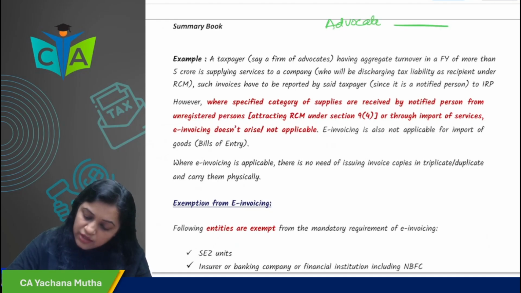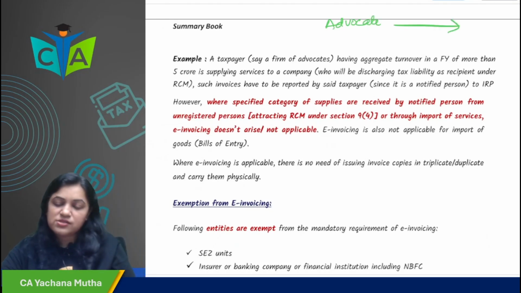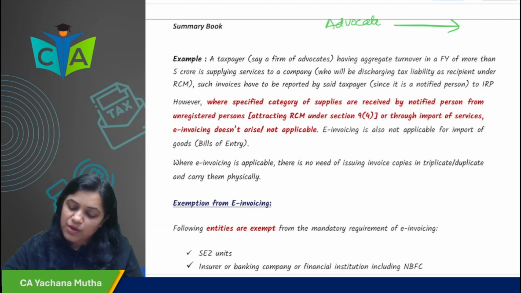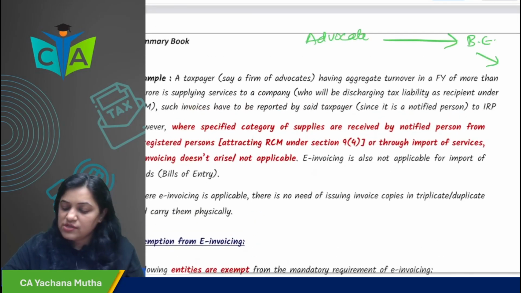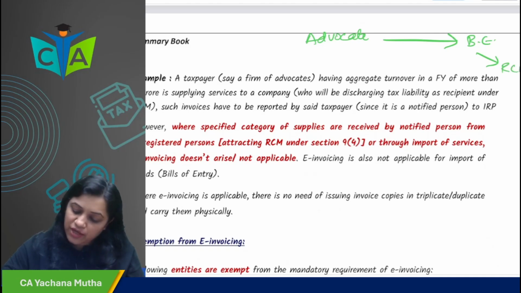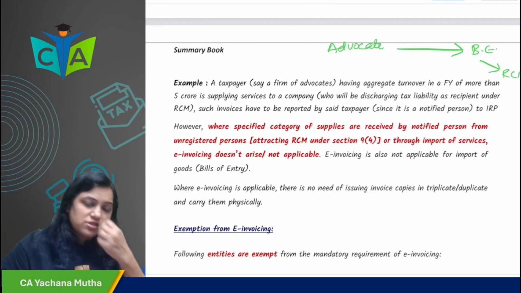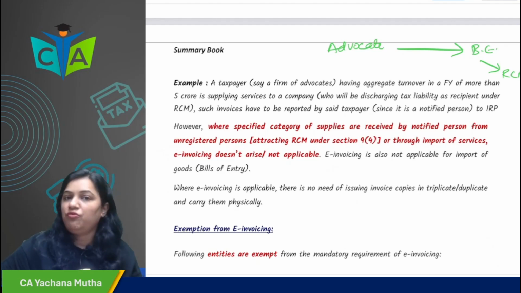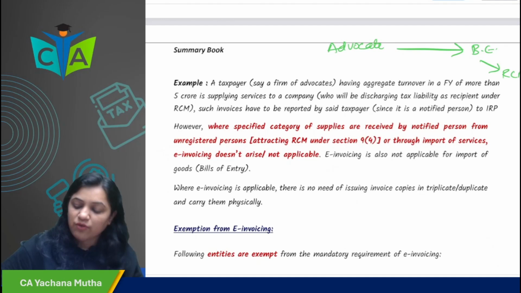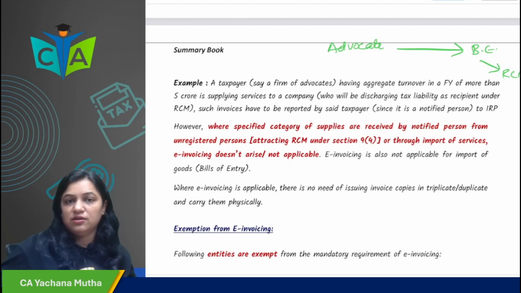Now you all know, in case of an advocate, if services are provided to a business entity, the tax is payable by the business entity under RCM. This we all know. Now, the advocate's turnover is say 15 crores rupees. So he is a notified person. Who will issue the e-invoice? Advocate, not the business entity.